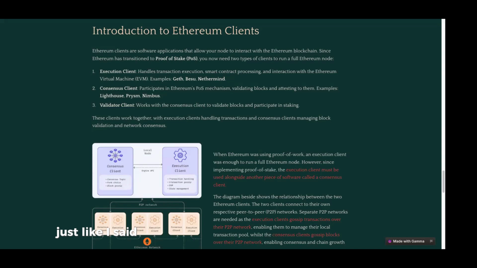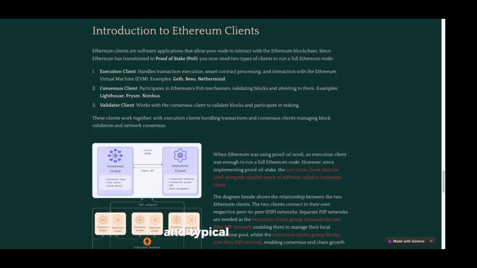So now I'm going to talk about the clients. Just like I said before, the clients are basically software, from the perspective of normal software. The execution client basically handles the transaction execution part of the blockchain, also handles the smart contract processing and your interaction with the EVM.